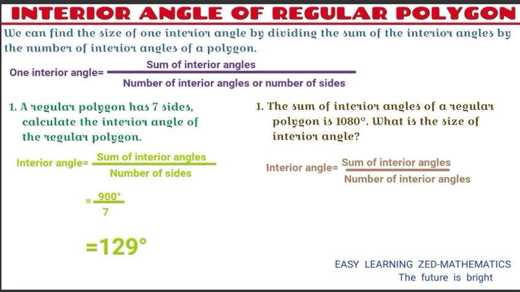A polygon with this one is called an octagon, which has got 8 sides. So we're going to write equals, then the sum of interior angles is given, which is 1080 degrees.